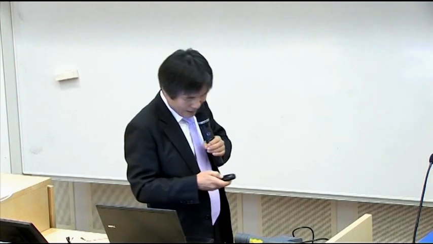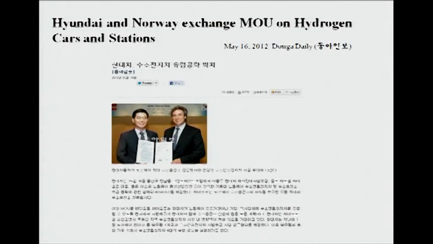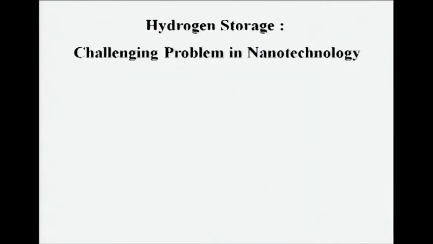And more recently, that's less than a month ago, Hyundai Norway, I think there is a company called HYOF, I'm not familiar with the name. They exchanged the MOU on hydrogen cars and stations. So that's what's going on.